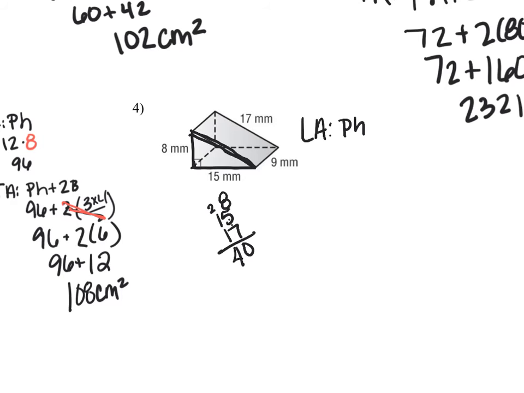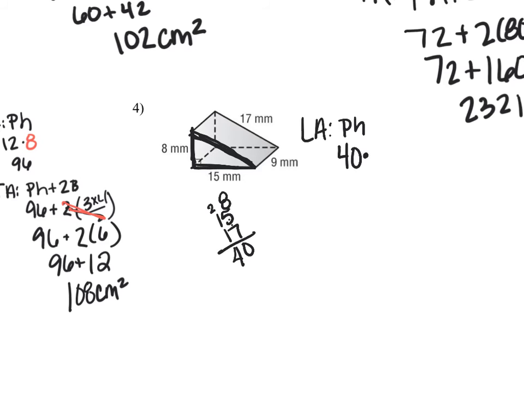I got 40. What did you use? Okay, hold on. What's the perimeter? So I got the perimeter as this side, which is 8, this side, which is 15, and this side right here, which is 17. Oh, he did the rectangle. Okay, remember the base is a what? Triangle. Okay, so the perimeter is 40.